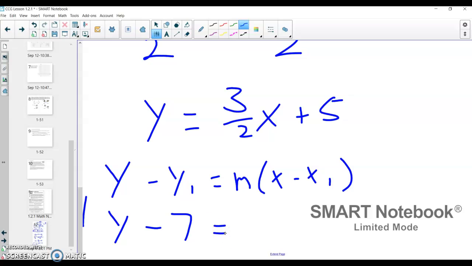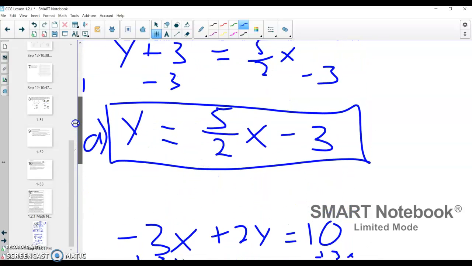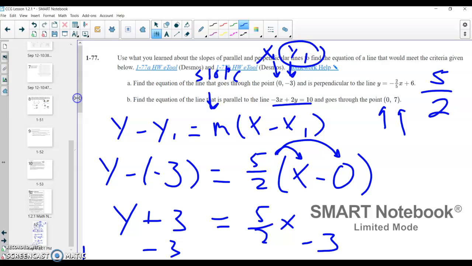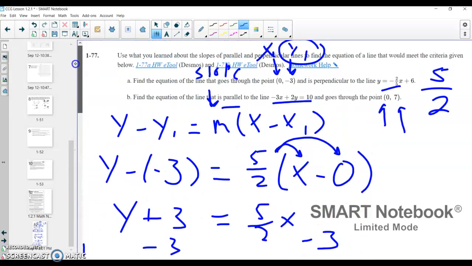If the line is parallel, we need to use the same slope. In contrast to the last one, where we used 5/2 because it was perpendicular and so we had to use the opposite reciprocal, this one is parallel, so we have to use the same slope. We're going to use 3/2 times x minus x1, and our x1 is going to be 0.